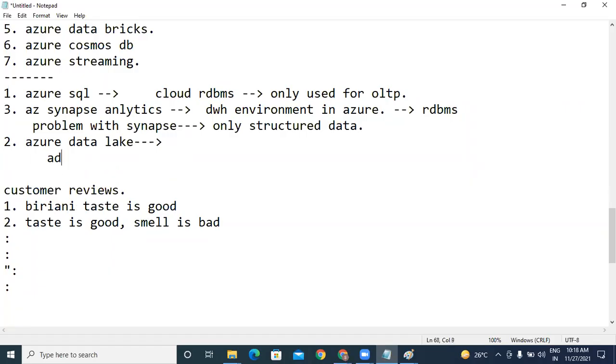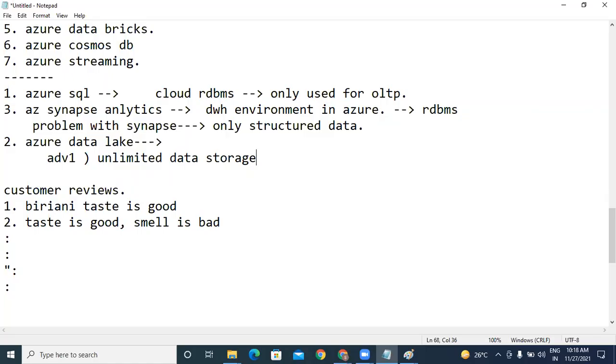The first advantage, point number one, is that it is offering me unlimited data storage. Got it? What are the data volumes? Generally, how do you measure them?